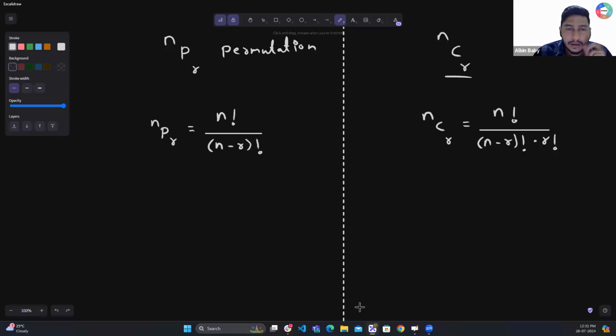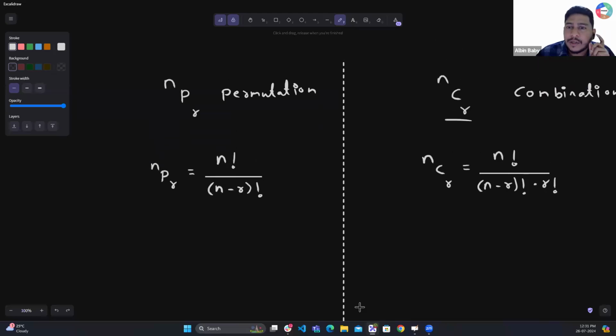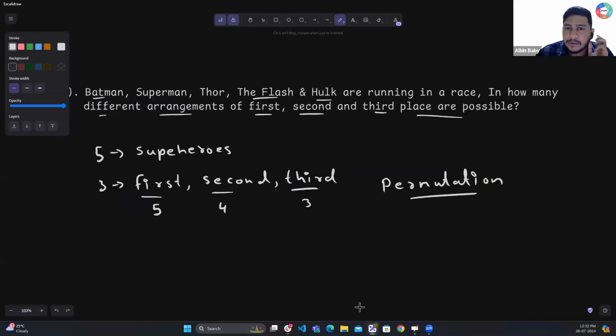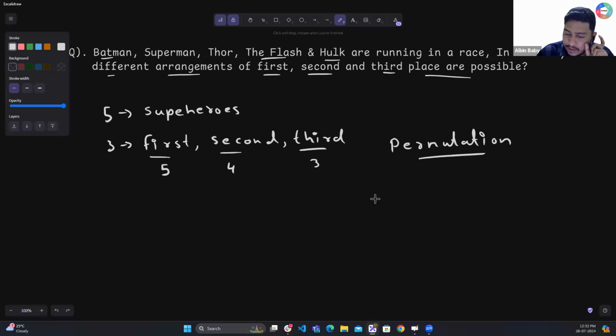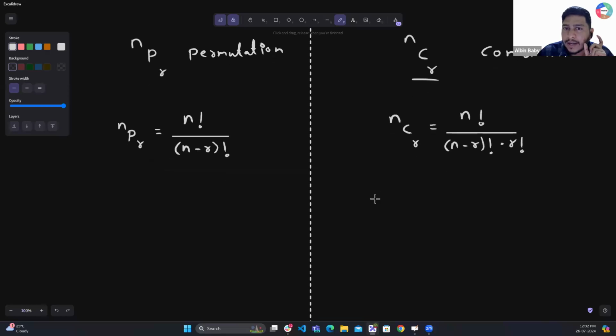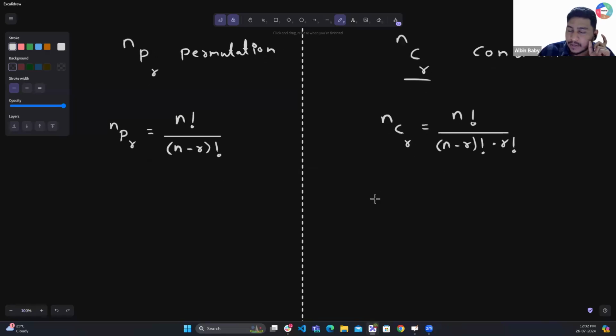See, which one will you go with, NPR or NCR? For this, the order matters, yes or no? Basically, it matters, so you'll go with NPR, because you want to figure out the permutation. How many people attempted the race?